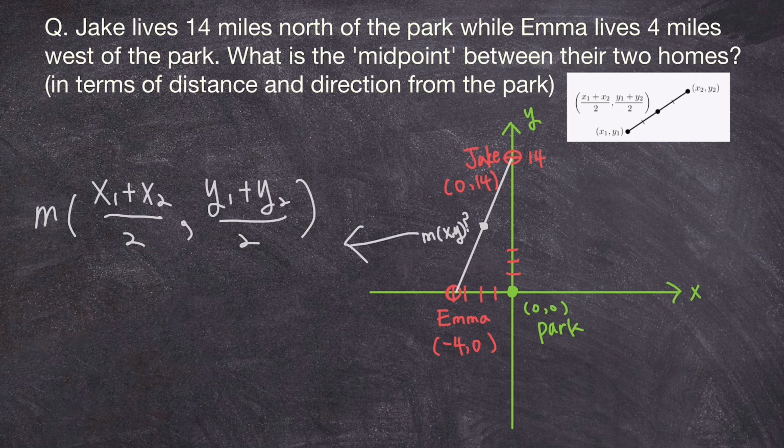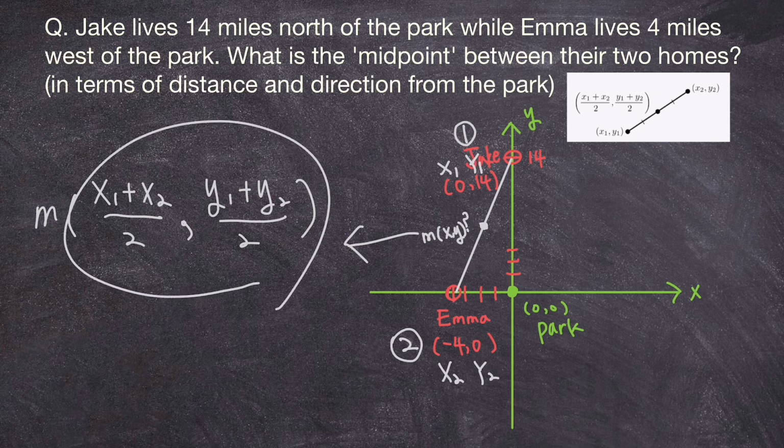Let's, off the top of my head, say Jake is our 1 and Emma is our 2. Therefore, our x1 is 0, our y1 is 14, and our x2 is -4, y2 is 0. Okay, so we have everything we need in order to fill out this formula right here.